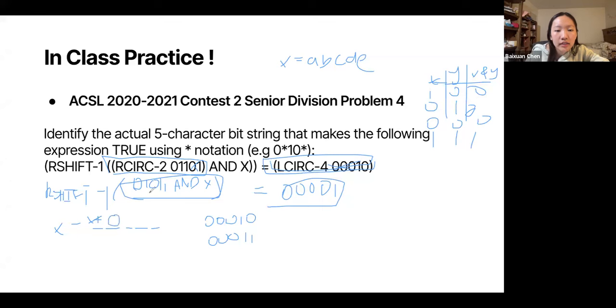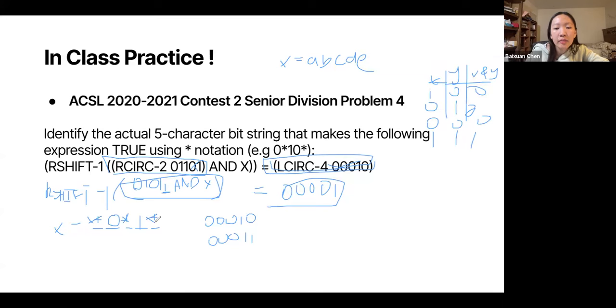And then 0 and x is equal to 0, so x can be either again. And then 1 and x is equal to 1, so we know x has to be equal to 1, right? Because the only situation where it would be equal to 1 is if x was 1. And then lastly, 1 and x is equal to either 0 or 1, so x again can be an asterisk, right?